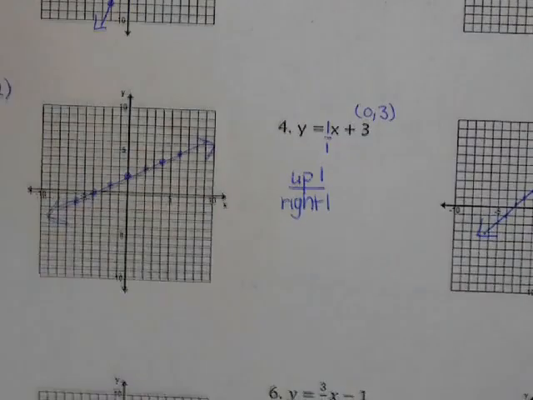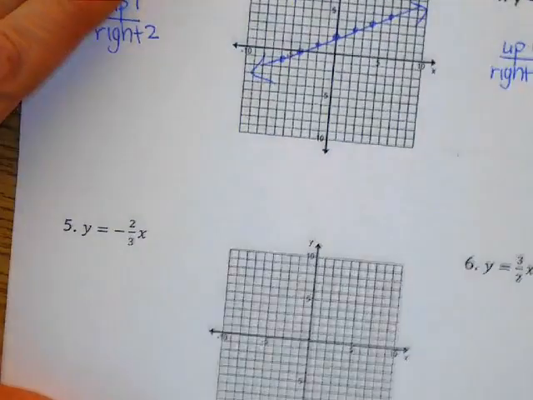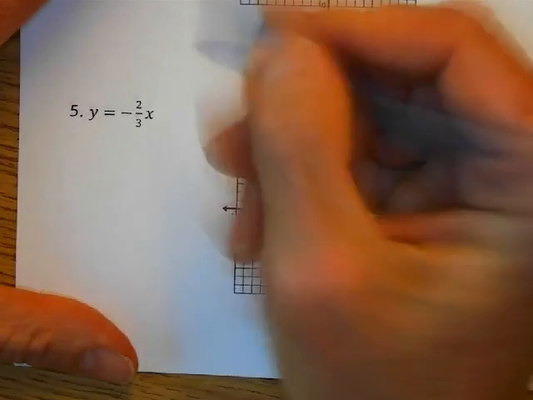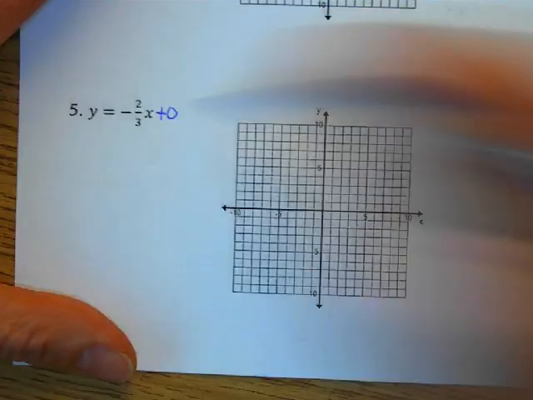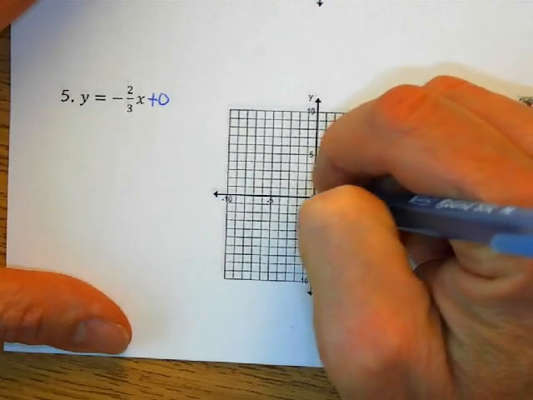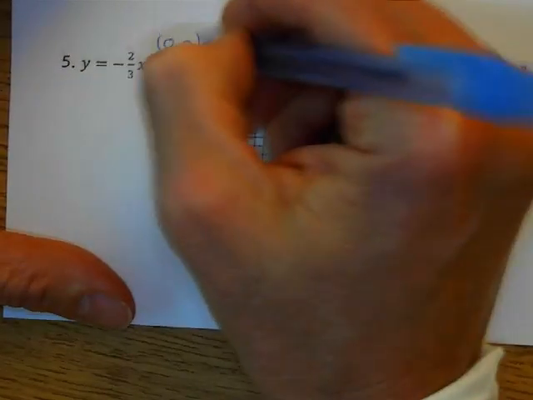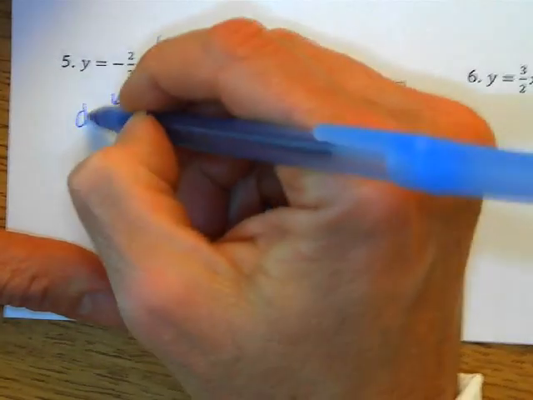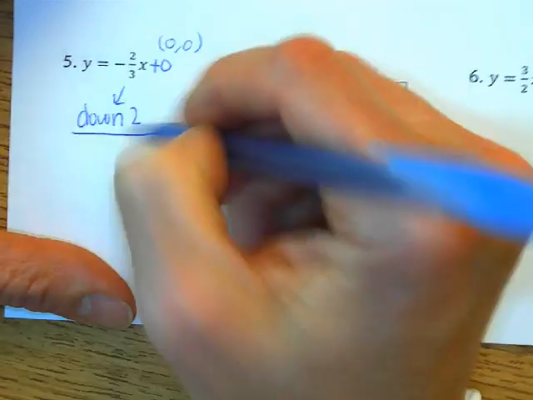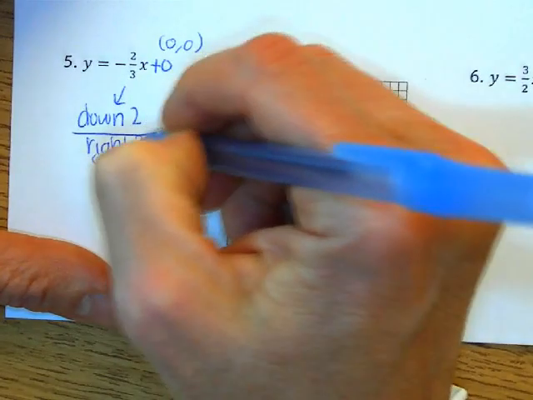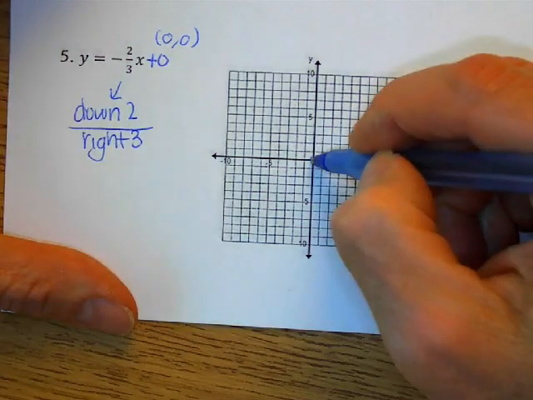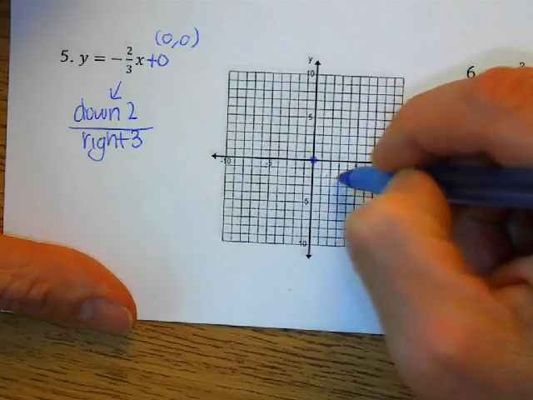Now, what about if we don't have anything that's been added or subtracted? Well, that means there's a 0, and we start at the center, 0, 0. And now we're going to go down 2, to the right 3.